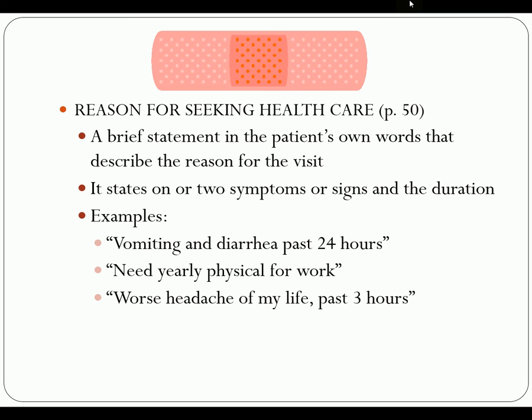Now remember, when you're looking for signs and symptoms, a sign is objective data, symptoms are subjective data. Right now we're doing all subjective data, so we're looking for symptoms. It is 1 or 2 symptoms or signs and the duration. So when we do this section, we're looking primarily for symptoms, and when we do the head to toe, for signs.